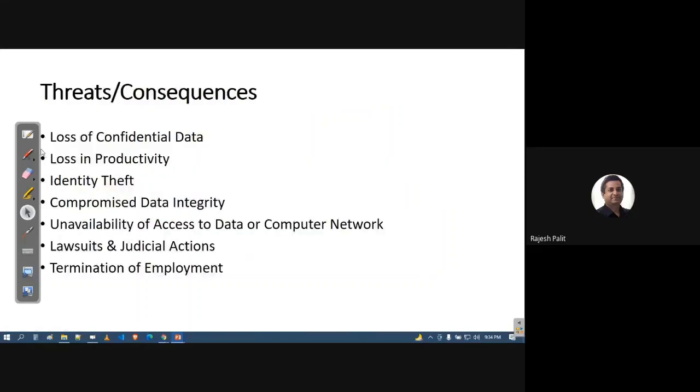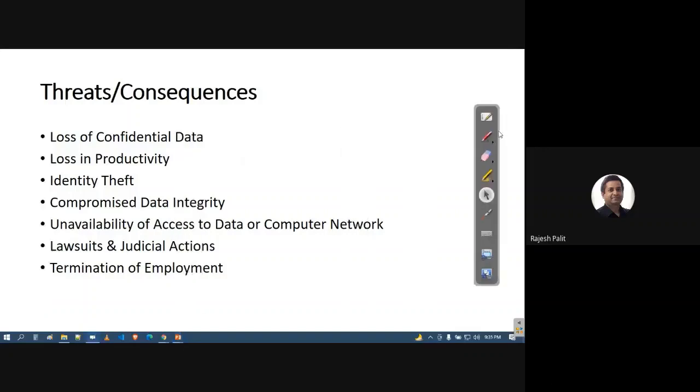So what are the consequences if the computer system is compromised or attacked? Definitely there could be loss of data, confidential data, and loss of productivity, because if it is unavailable or the system is corrupt, you cannot work, or if it is clogged or becomes slow, you will lose productivity.